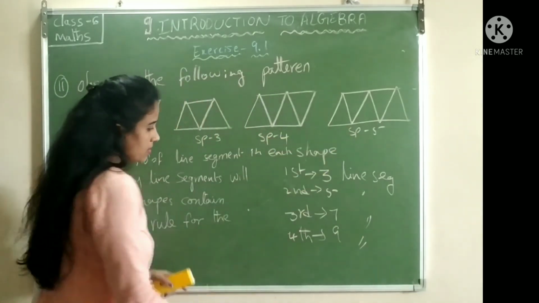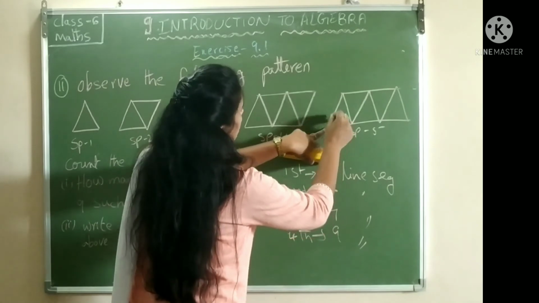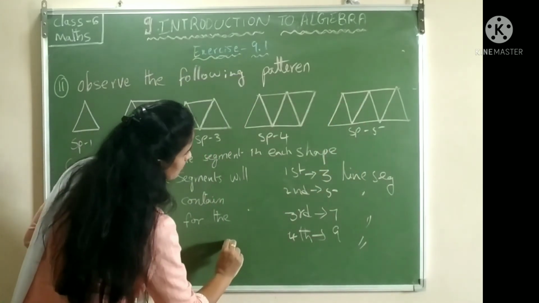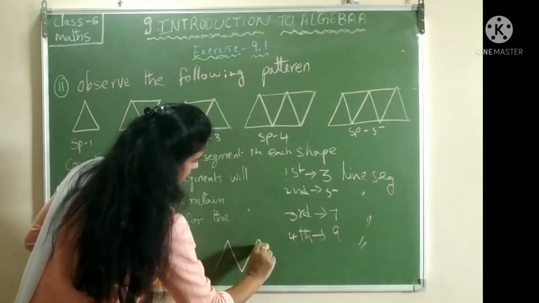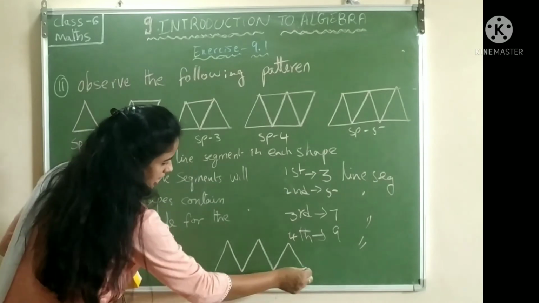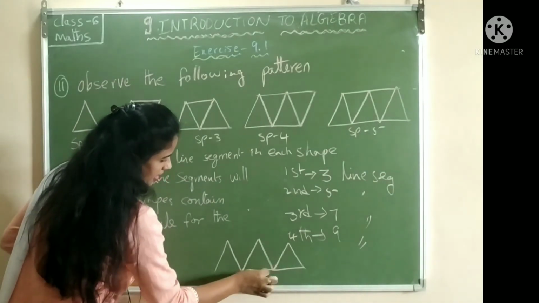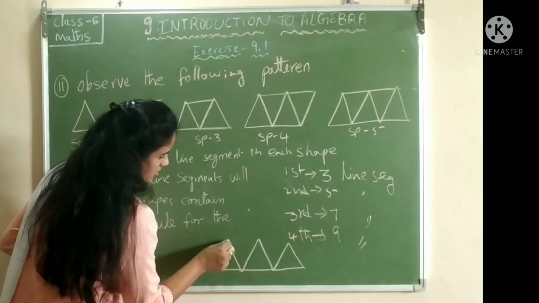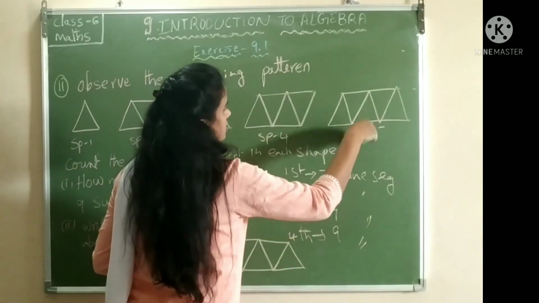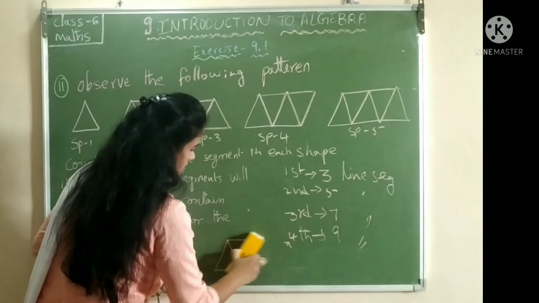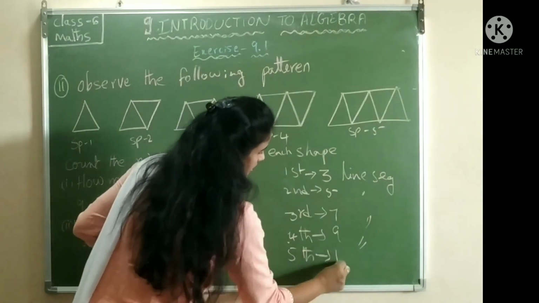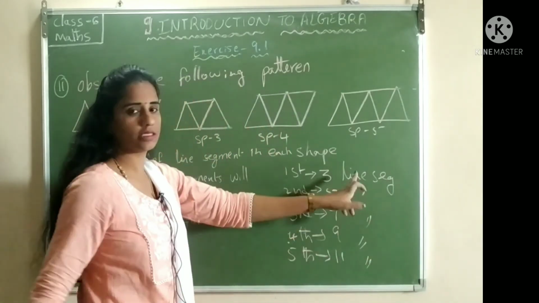And the fifth shape, how many line segments? See, 1 2 3 4 5 6. Okay. 6 line segments. Again 7 8 9 10 11. Okay. This is 11 line segments. Fifth one has 11 line segments.